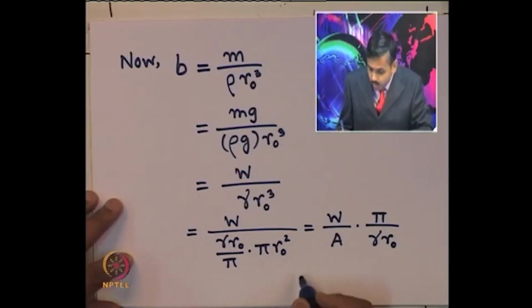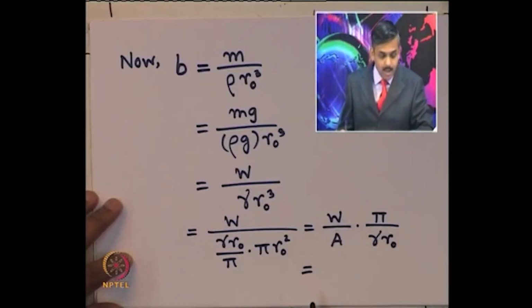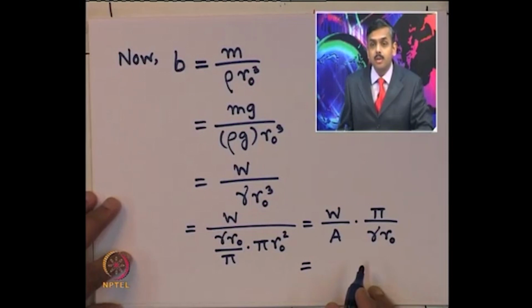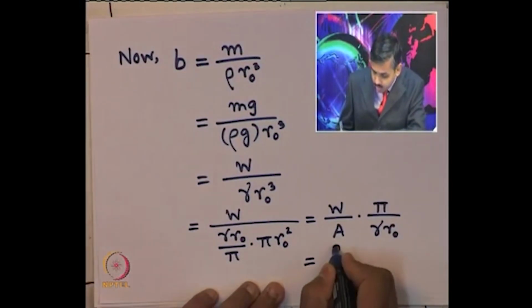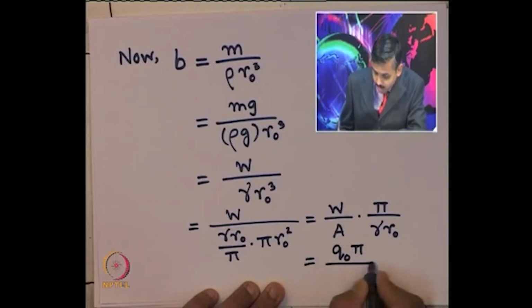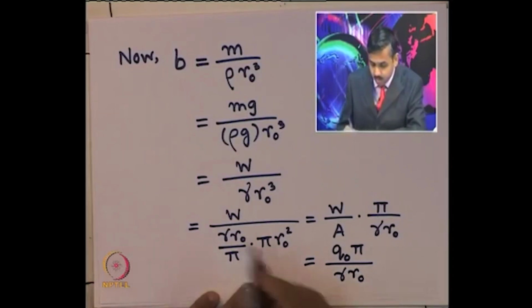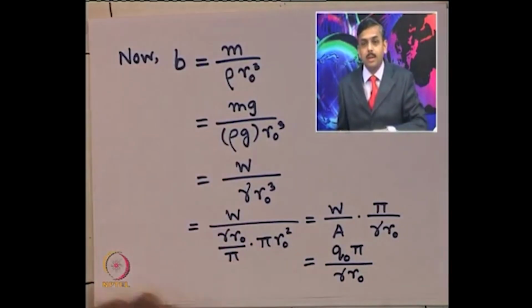Okay. Now, what is this W by A? W by A is nothing but, as per Chauvet-Turiaf's expression, this is Q naught. Q naught times pi by gamma r naught, that is equal to this B.